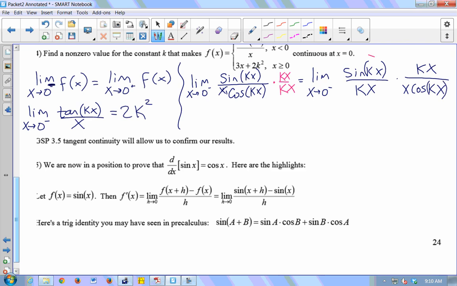Okay, so this fraction goes to 1. Sine kx over kx goes to 1. And then the fraction on the right, my x's cancel. And I want to take the limit as x goes to 0 from the left of k over cosine kx. So what happens if we just try to plug in the 0?